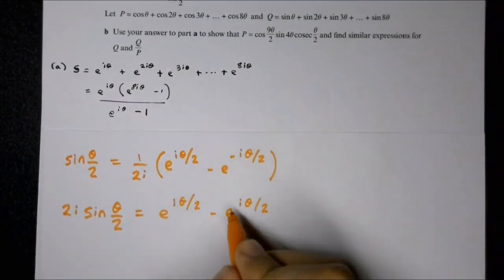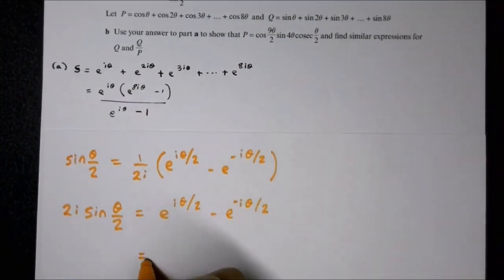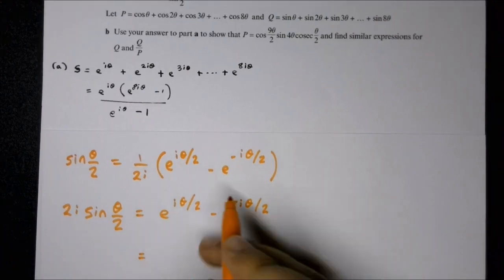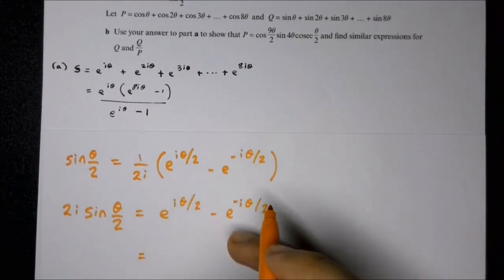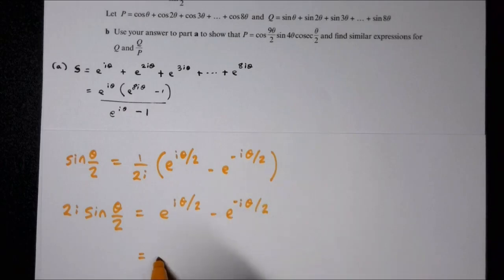Now what we can do is recognize e to the minus something. That's going to be 1 over e to the something. So here we've got e to the i theta over 2 minus 1 over e to the i theta over 2. And this is equal to 2i sine of theta over 2.